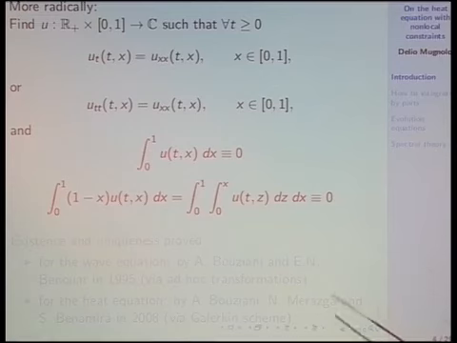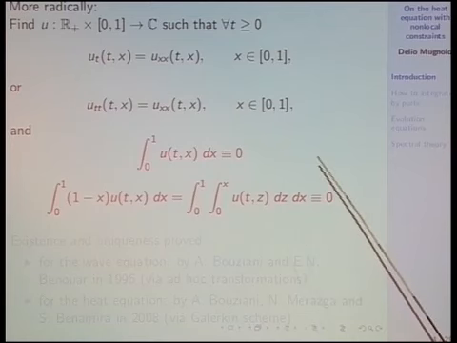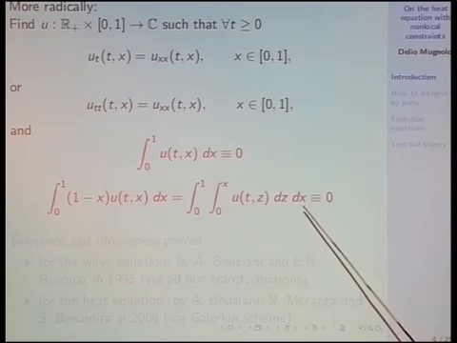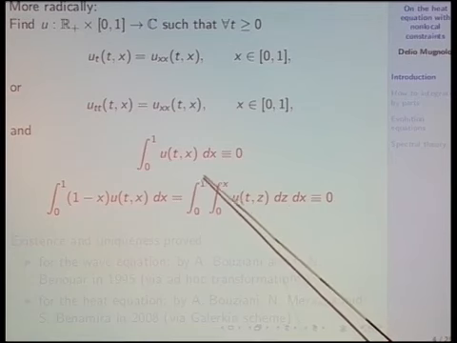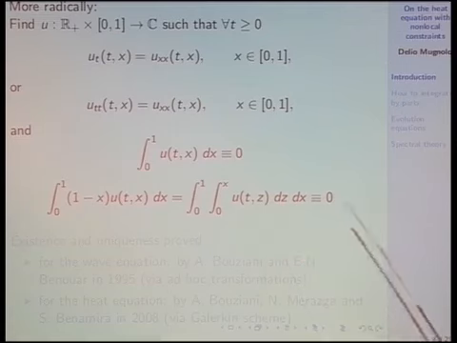So what I'm saying is that one could at least wonder whether the wave or the heat equation are well posed, and in which spaces, of course, with this plus this boundary condition, or well, not boundary but integral conditions.